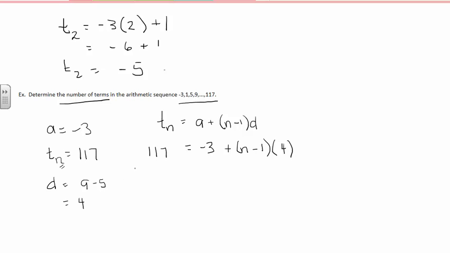Now we're just left with some basic algebra. Negative 3 plus 4n minus 4. 117 equals negative 7 plus 4n. Bring it over. We have 124 equals 4n.